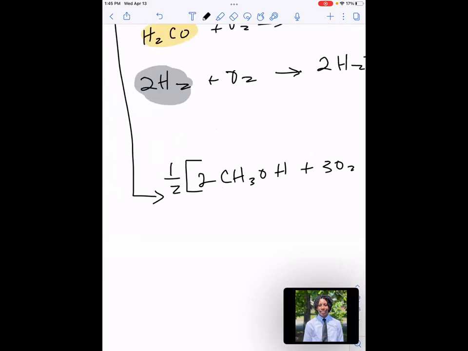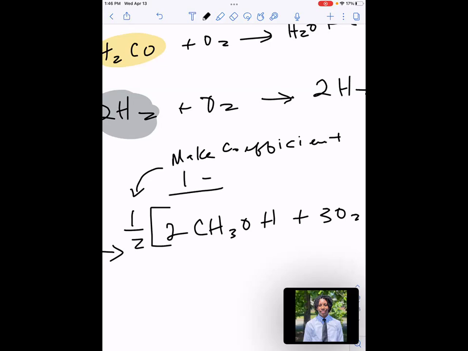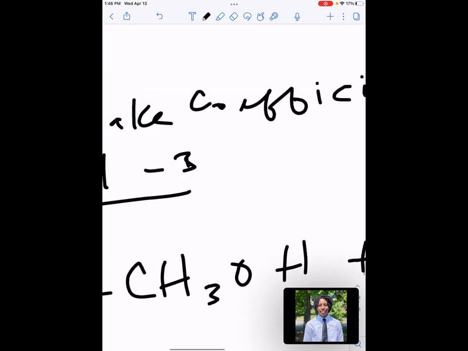All right, this is going to ensure that the coefficient is going to be 1 because it's 1 in the given reaction.